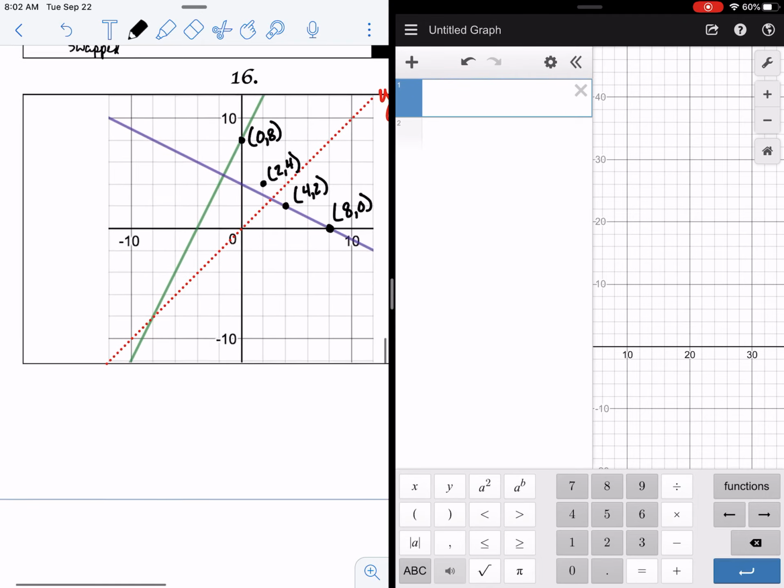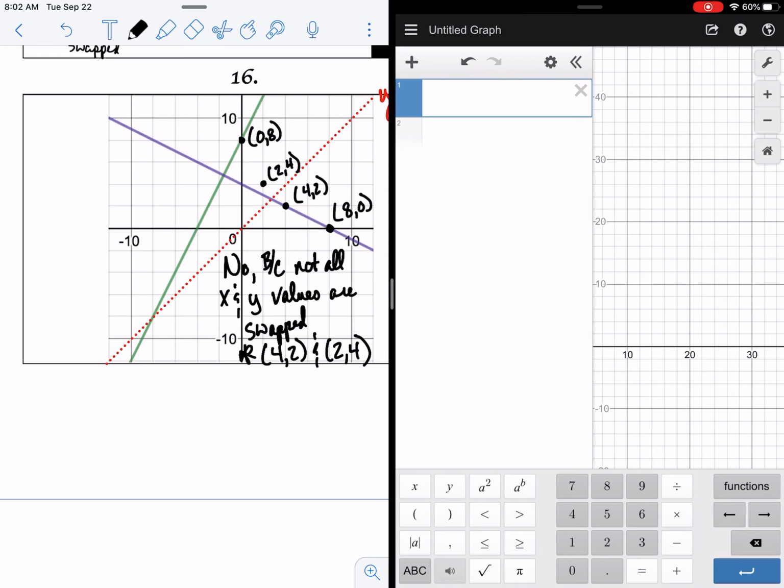Okay. So my response for this one is no, because not all x and y values are swapped. I like to make a note, 4, 2 and 2, 4 is where I prove it wrong.